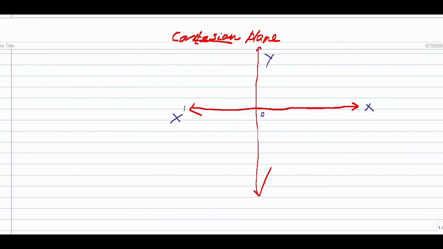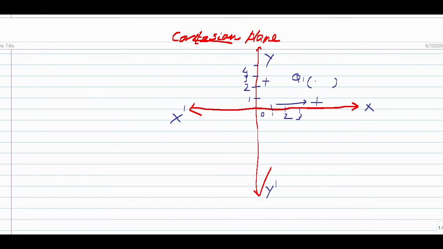So let us consider a Cartesian plane with horizontal line which is x-axis, x dash, and vertical line y dash. When we consider quadrant 1, its x coordinate is positive and the y coordinate is also positive.